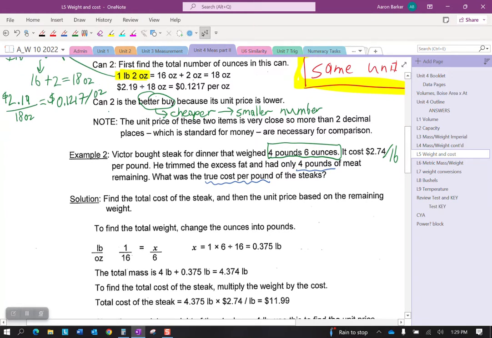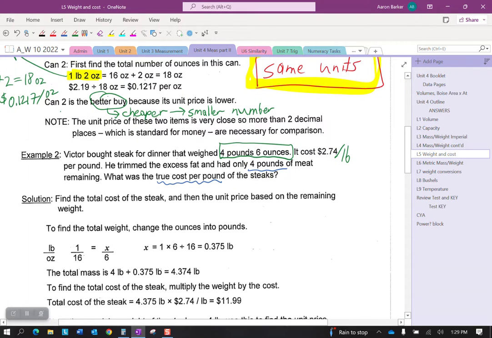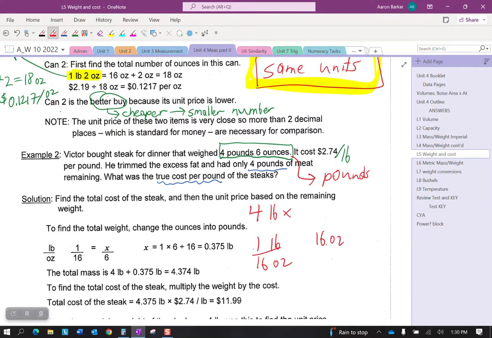first thing you have to do is convert the 4 pounds and 6 ounces. We have to take this and we have to figure out how many total pounds this is. So we're going to take the 4 pounds, LB, and we're going to multiply it by the conversion factor. So the 2 conversion factors we could use is 1 pound equals 16 ounces, or 1 pound equals 16 ounces, but flipped.